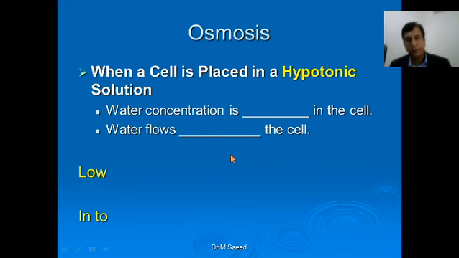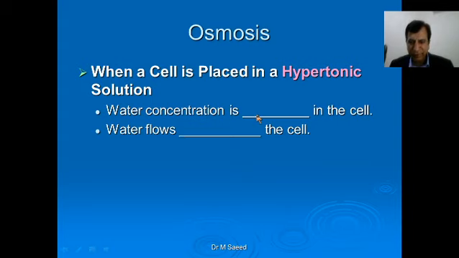And opposite to that, when a cell is placed in hypertonic solution, what will happen? Is water concentration high or less in the cell, and does water flow in or out of the cell? Recall the pictures which I showed you previously.